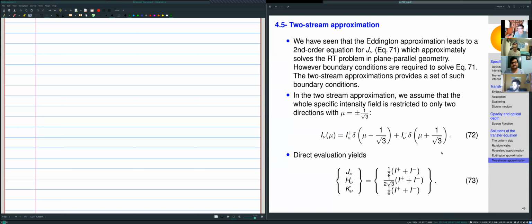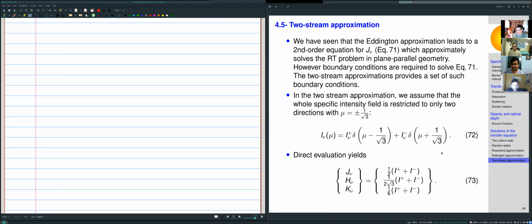Okay, Pratiush. This is a mathematical trick. I don't think that there would be any possible situation in nature where we would have a two-stream specific intensity field such as this one. We'd have to design an experiment to approximate it.